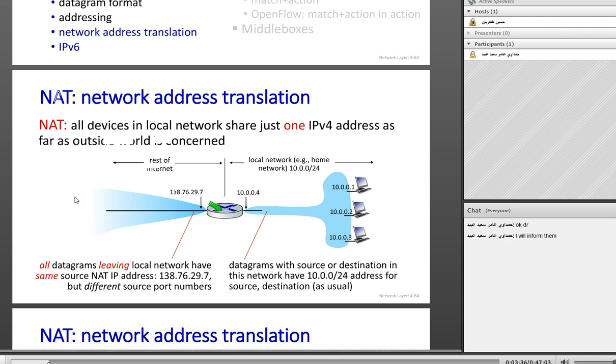Again, a valid IP address is an IP address which is unique in the internet. It is not repeated over the internet. But inside my network, I can use different ranges of IP addresses.